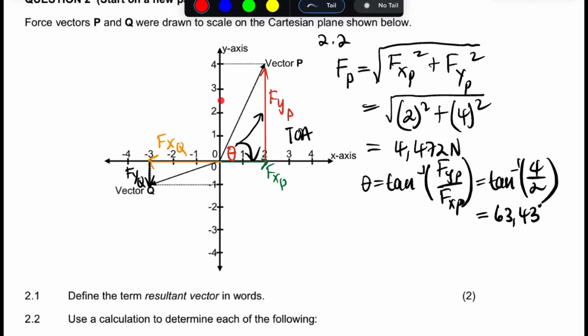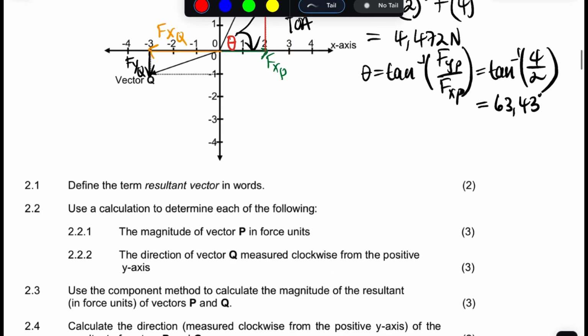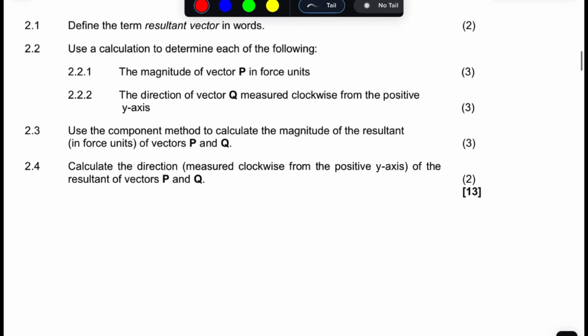So this direction is 90, 180, and the entire way is going to be 270, but this angle is going to be less than 270. So we'll say 270 minus this angle, and it will tell us the angle from there to there. Okay, let's do it.